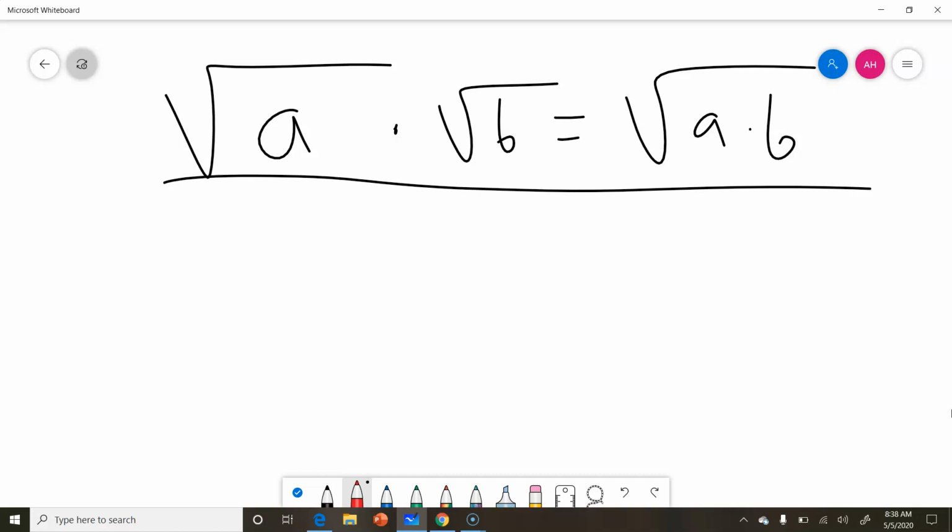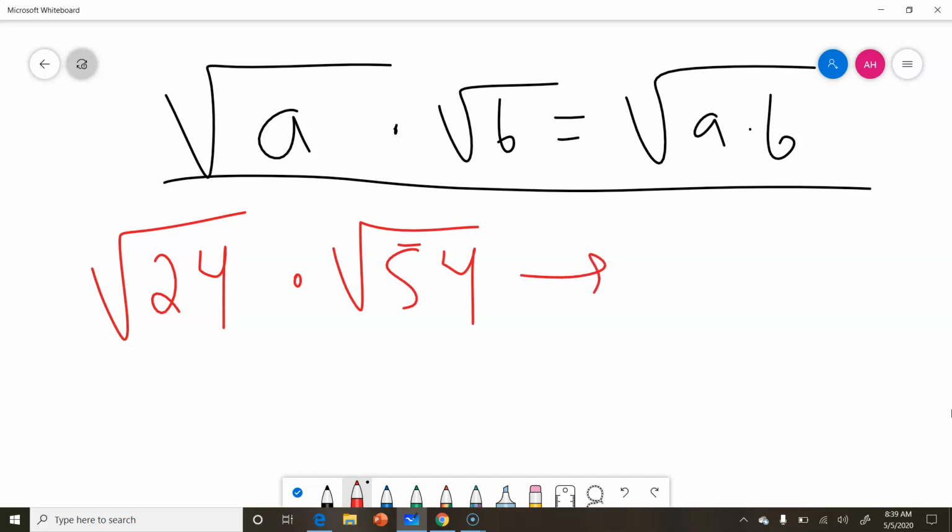What if I had the square root of 24 times the square root of 54? When I see that, I can multiply that on my calculator. So I type that in, I do 24 times 54, and I get the square root of 1,296.